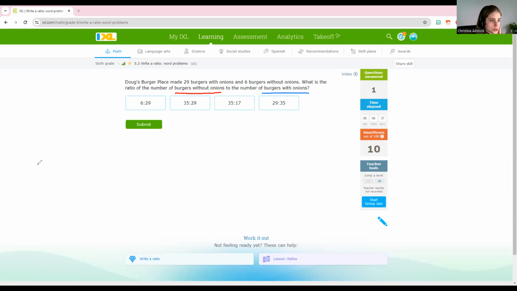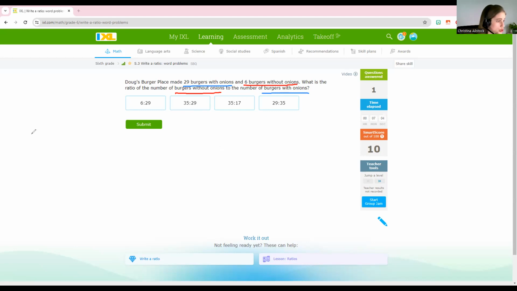Then when I read the first part with my information, I see that there are 6 burgers without and 29 burgers with. Even though my question is written backwards from the way the information was presented, we have to look at the question because that tells us the correct order in which we need to set up our ratio.